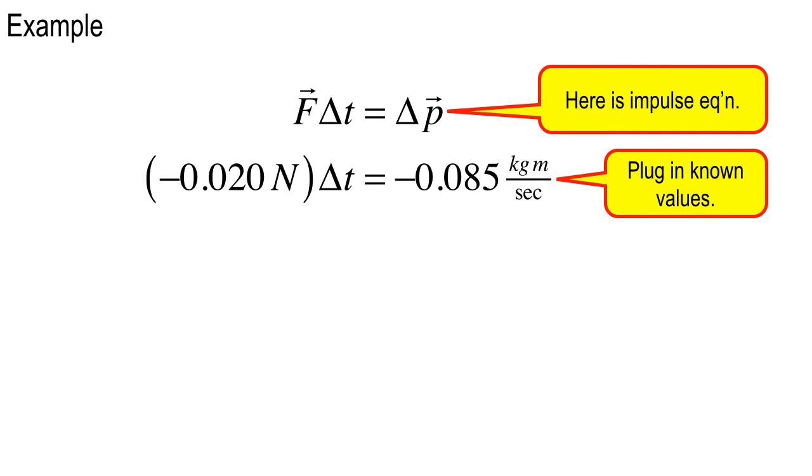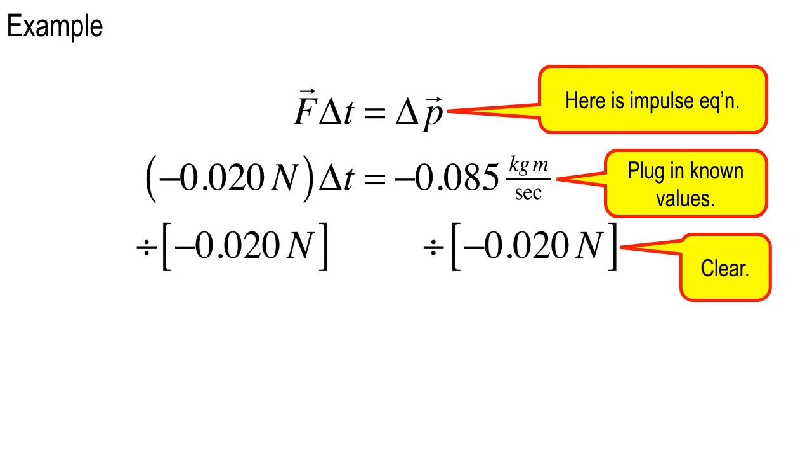I still have my minus signs here; I just decided to carry them a little bit longer. And now I want to clear the left-hand side, so I'm going to divide both sides by negative 0.020 newtons.